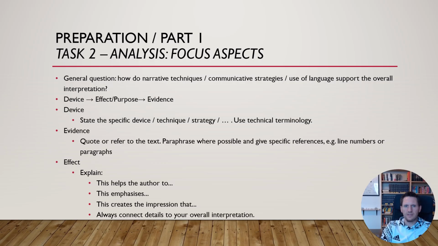What really matters is why the author uses them and how they contribute to the meaning of the text and to the overall interpretation, to the general impression a reader gets of a piece of fiction, or the main idea and intention the author of a non-fictional piece tries to convey or achieve.